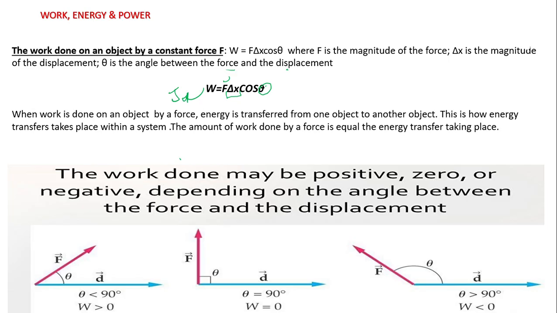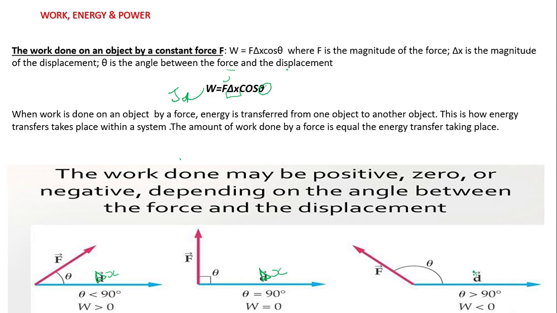Alright, and also we have types of work done. Remember that work done can be positive, zero, or negative, depending on the angle between the force and the displacement. Remember we use delta x to represent displacement.